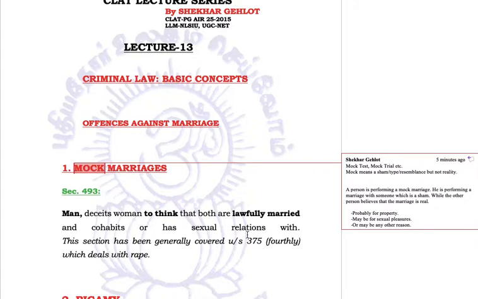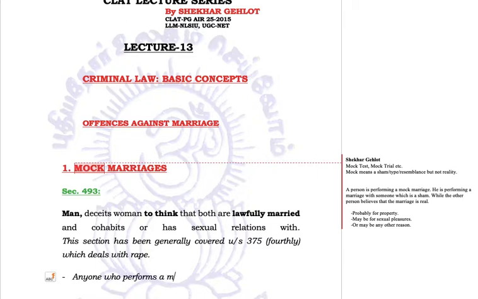Only a man is punishable, probably because when this law, section 493, was enacted about 100 years back, it was only men who were performing sham marriages. Now the situation is not that; both sexes have equal rights and equal powers. But anyhow, the section says so, and we have to read the words like this: anyone who performs a mock marriage shall be guilty.